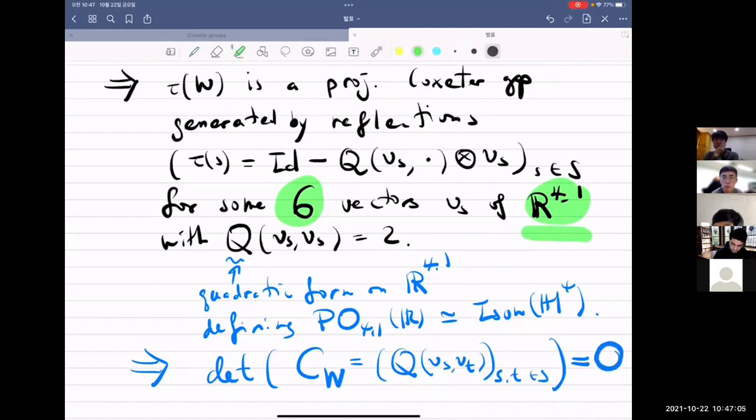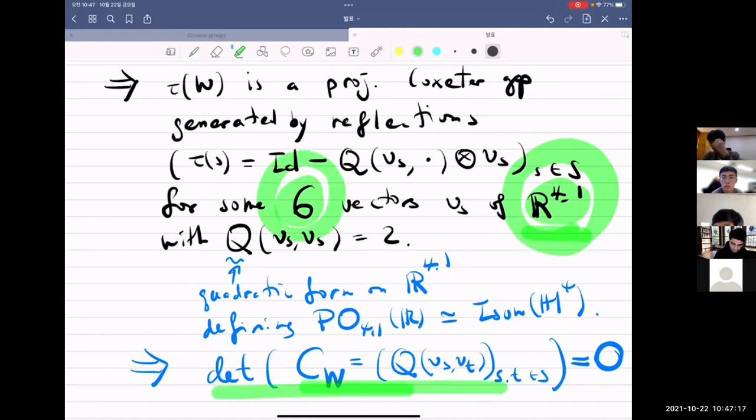Once again, the vector space has dimension 5 and we have 6 vectors, so no matter what, this determinant should be 0.